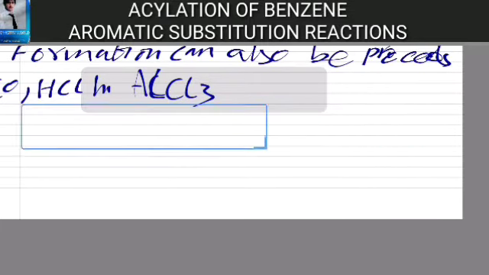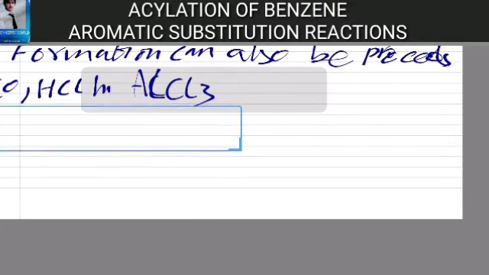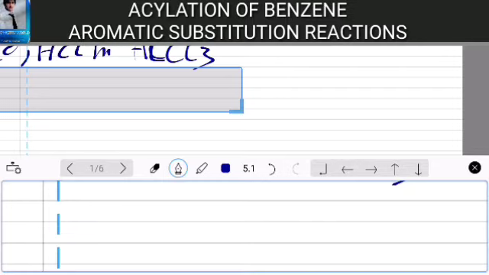We can also use acylation for ring polymers.